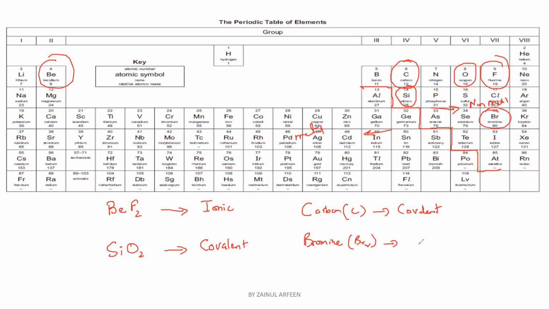So when we have non-metal alone, they will have a covalent bond. Non-metals together have covalent bonding. If we have an element alone such as chromium, Cr, what kind of bonding is there in chromium?